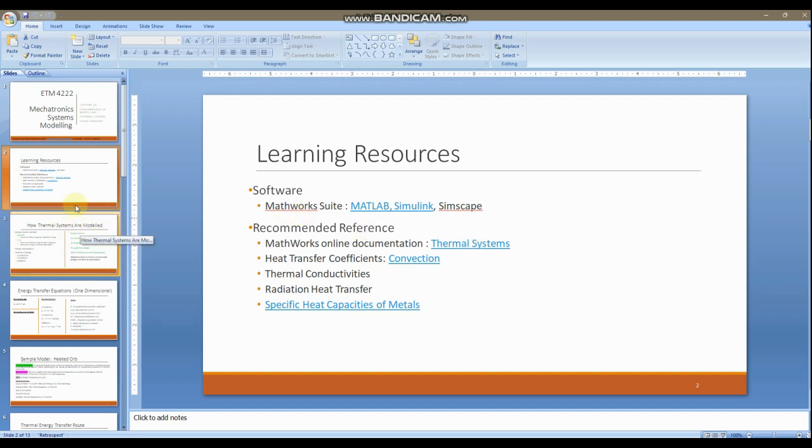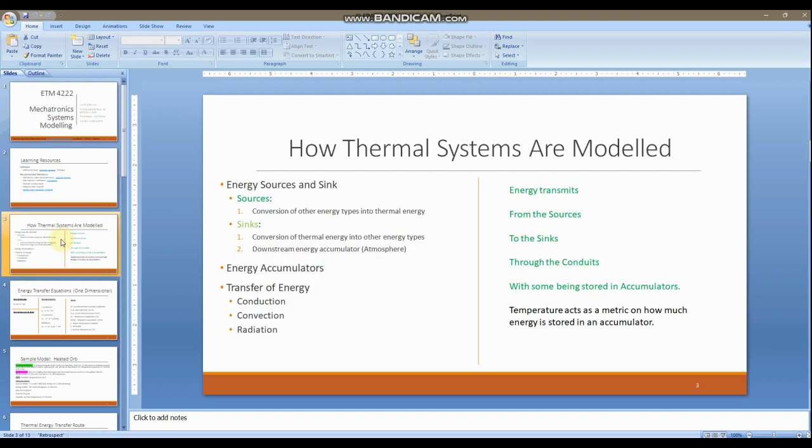So that being said, let's move on to touch up on the theory. We are studying thermal systems, and let me give you a short and concise description of what a thermal system really is, which I've stated here in the green letters.